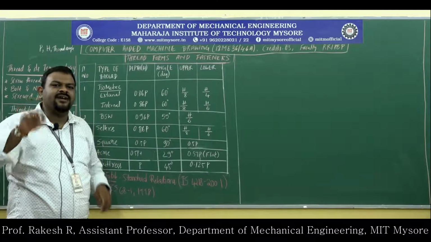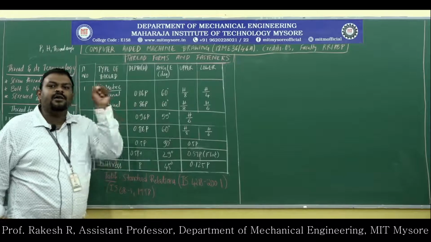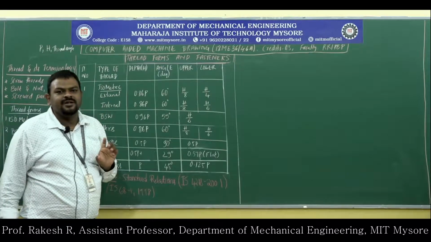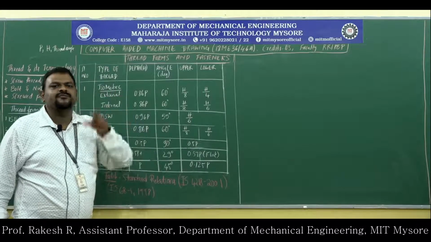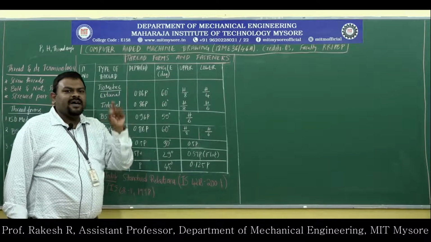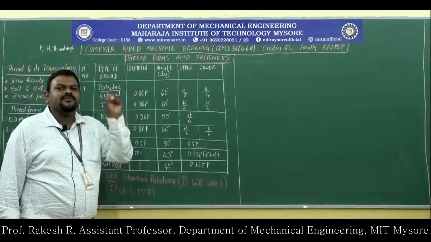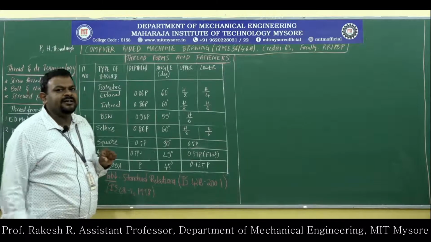If they ask thread on bolt, it means external thread. If they ask thread on nut, it means internal thread. So in the bolt, there will be a thread on the outer surface of the cylinder, hence it is external thread. In the nut, you will be having a thread on the inner surface of the cylinder. It is internal thread.